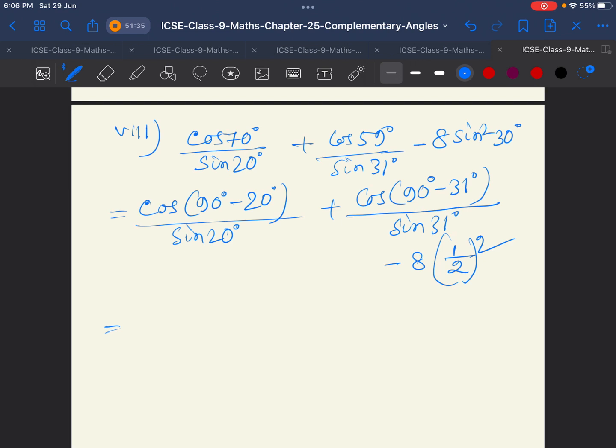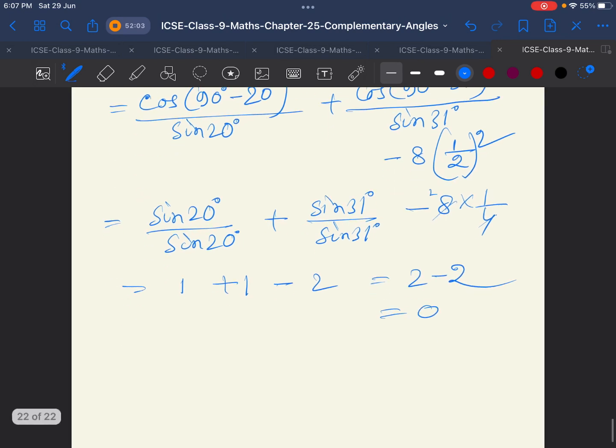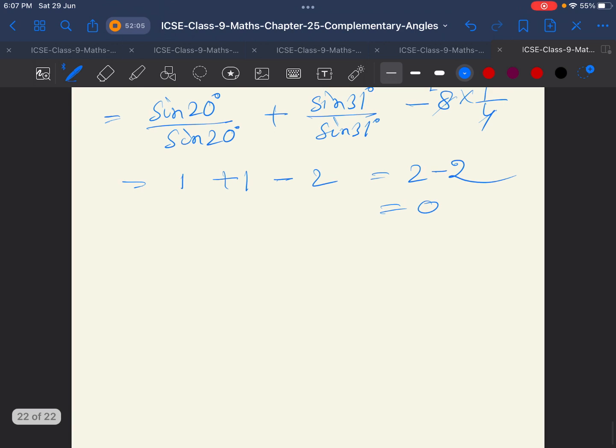So cos 90 minus 20 is sine of 20 by sine of 20 plus sine of 31 by sine of 31 minus 8 times 1 by 4. So this term is 1, this term is 1, minus 8 divided by 4 is 2. So 2 minus 2 is equal to 0.